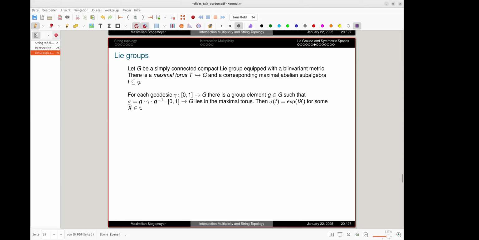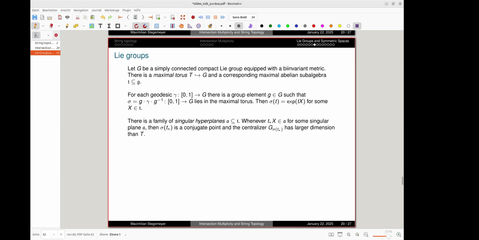And we also know that sigma of t is just the Lie group exponential of a straight line in the maximal abelian subalgebra. Of course, the Lie algebra of the torus is the universal cover, and then the exponential map is just the universal covering map.